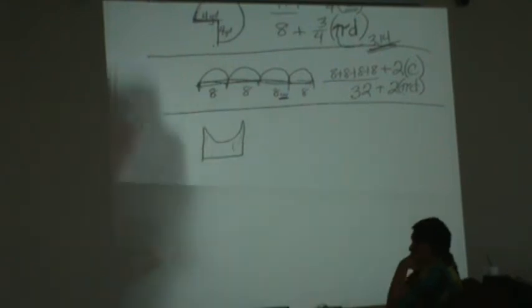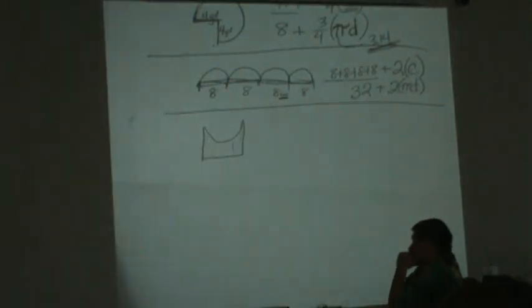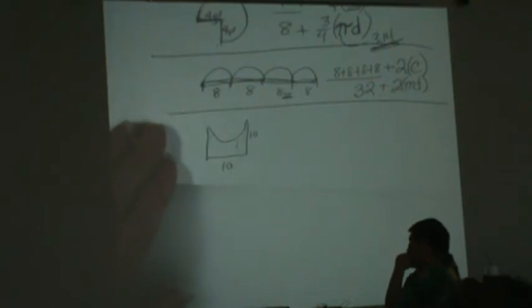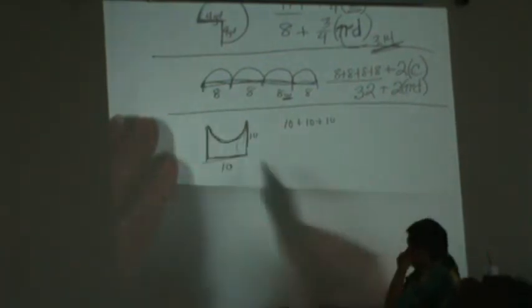Okay, here's another shape. What's the perimeter of this? We have a 10 and a 10. How many 10s are going to be in your perimeter? 3. 1, 2, 3, right? What is this going to be? Half of a circumference, right?